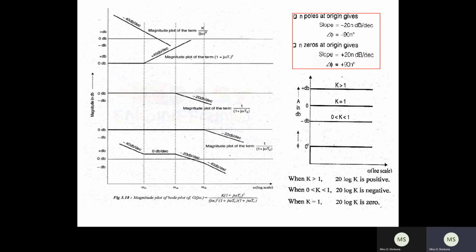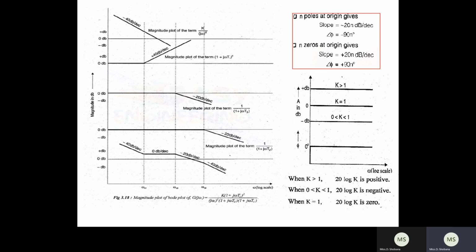And then you can see we have various K values. If K is equal to 1, the straight line passes through the origin, that is 0 dB. If K is greater than 1, the straight line passes through the plus dB values. And if K is between 0 and 1, the straight line passes through the minus dB values.